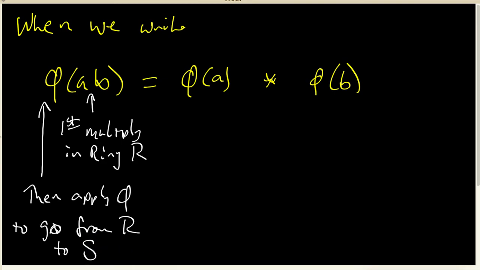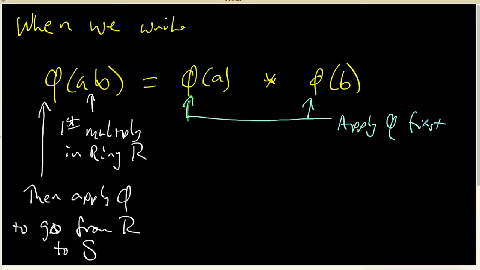On the right-hand side of this equation, we are applying the function first. I want to apply the function first. So we're going to go from ring R to ring S before we do any arithmetic.